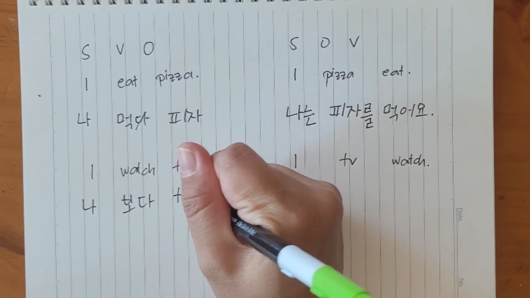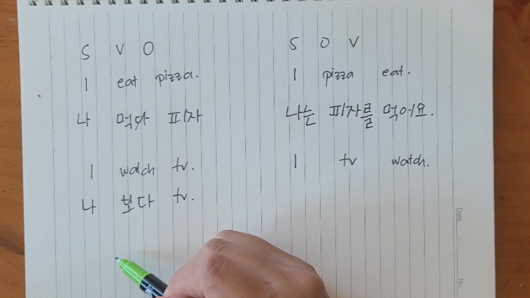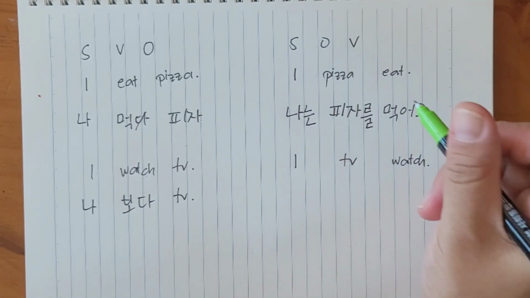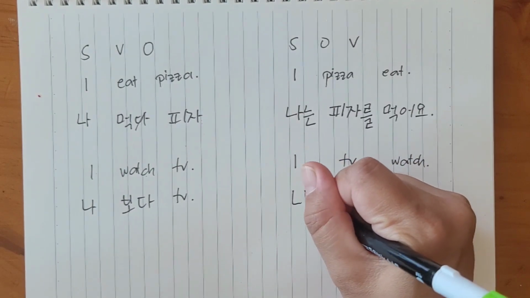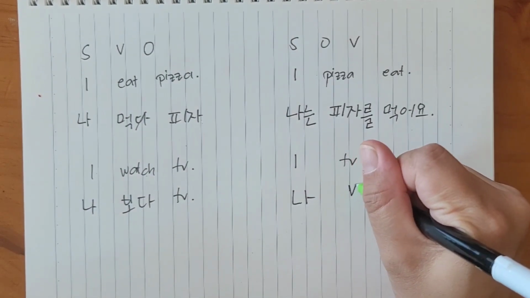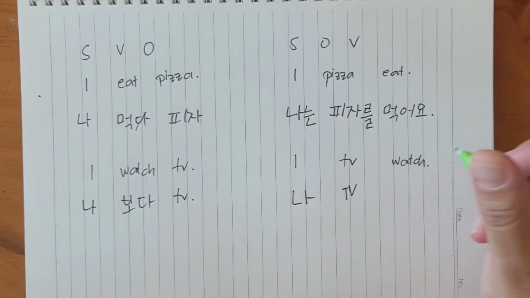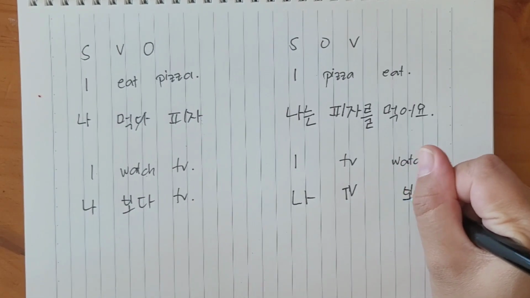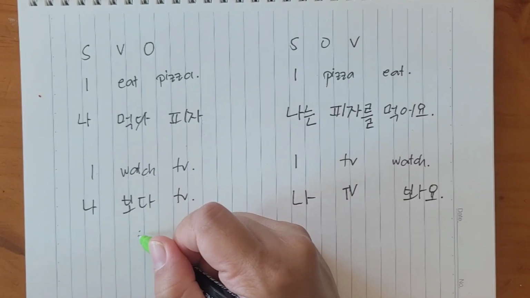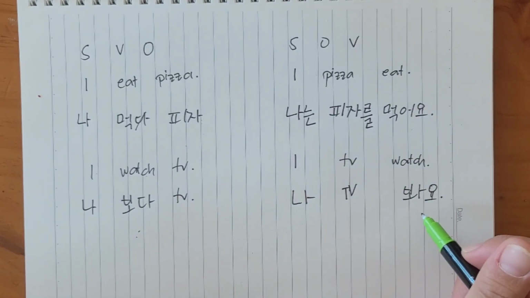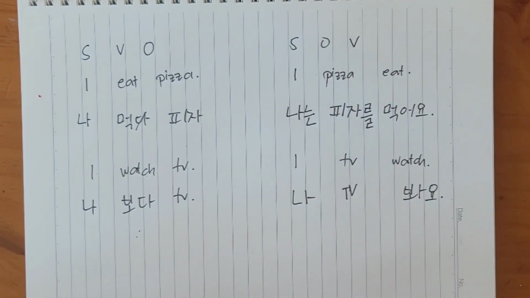So, 나 TV 봐요. 보다 is yung dictionary form. Ito yung conjugated na siya sa simple present tense na form.